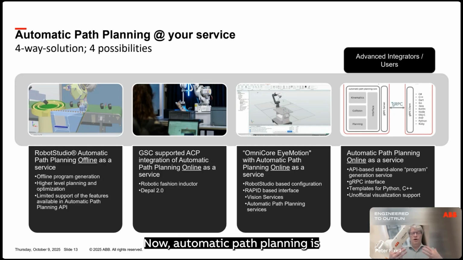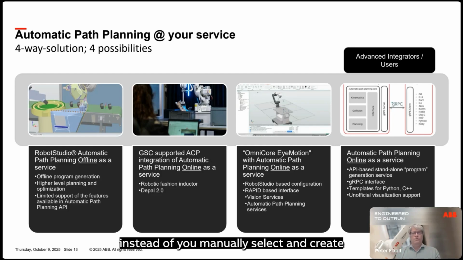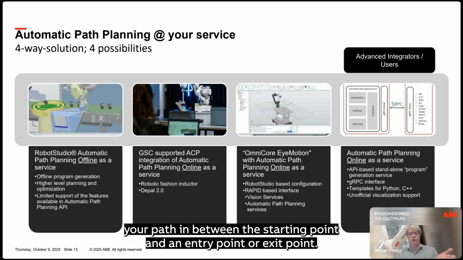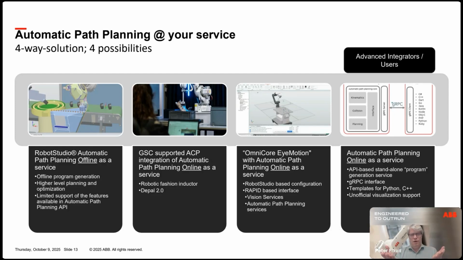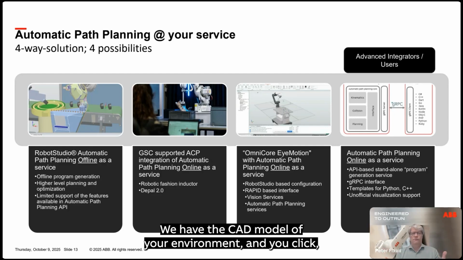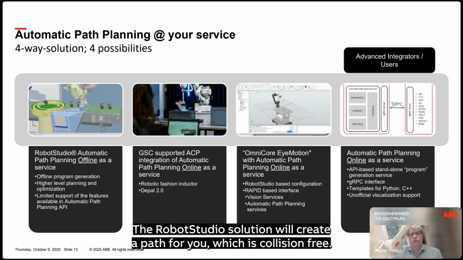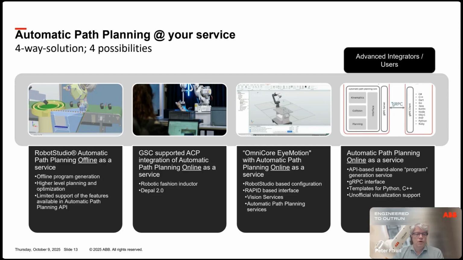Now, automatic path planning is, instead of you manually select and create your path in between a starting point and an entry point or an exit point, you just define those positions. You have the CAD model of your environment, and you click create path, and the Robot Studio solution will create a path for you, which is collision free.